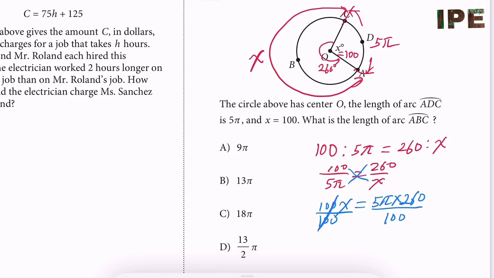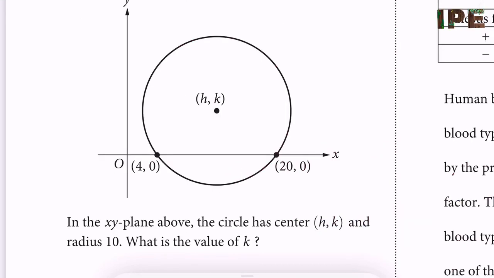So the 10 and 10 cancel out. 5 times 1, 5 times 2. And then 2 times 1, 2 times 13. What is left? Only 13 pi is left. So the length of arc ABC is 13 pi. B is the answer.